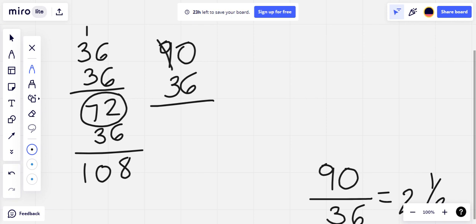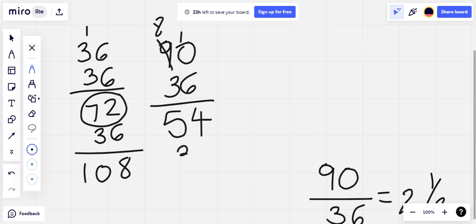So we're left with 54. Right? So 54. Sorry, I did something wrong right there. Oh, yes, let's go again.